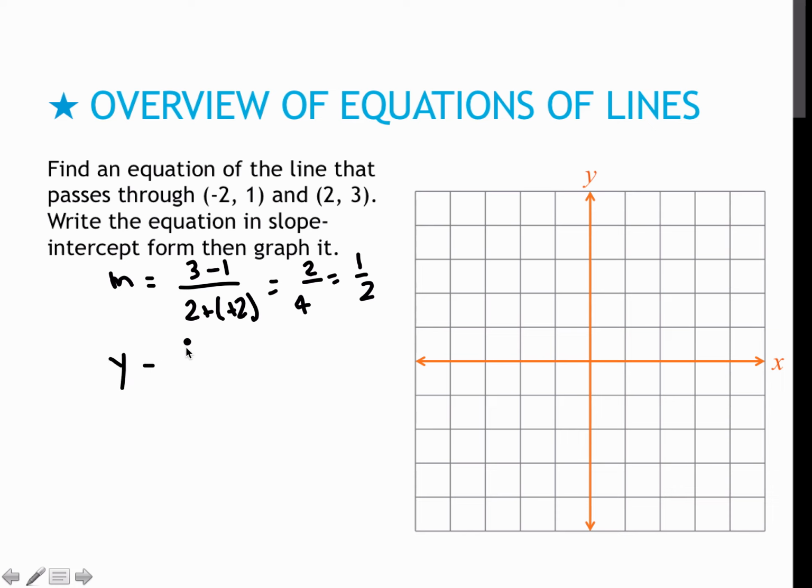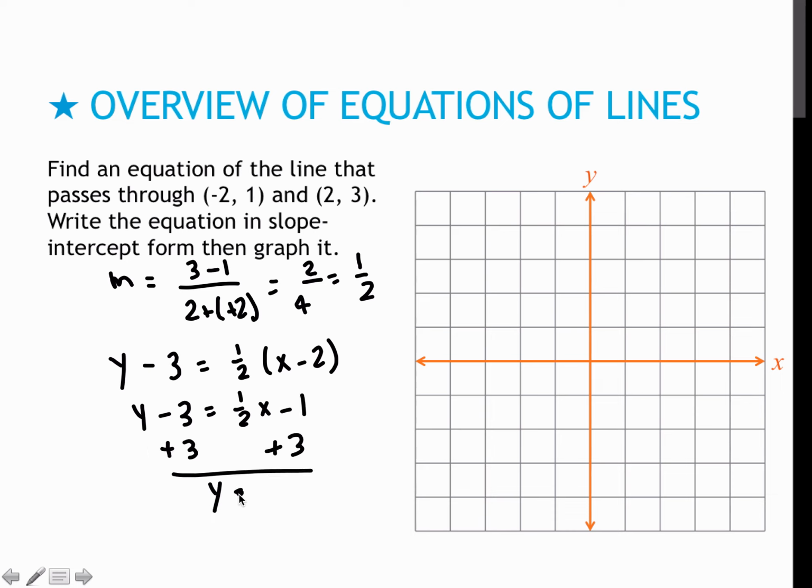Use either point, I'm choosing the second point, to write your equation in point slope form, and then simply do the math to find our equation in slope-intercept form, which is y equals 1/2 x plus 2. So I would start at 2, go up 1/2, up 1/2. Not a bad idea to check to make sure it goes through the point -2, 1, which it does, and 2, 3, which it does.